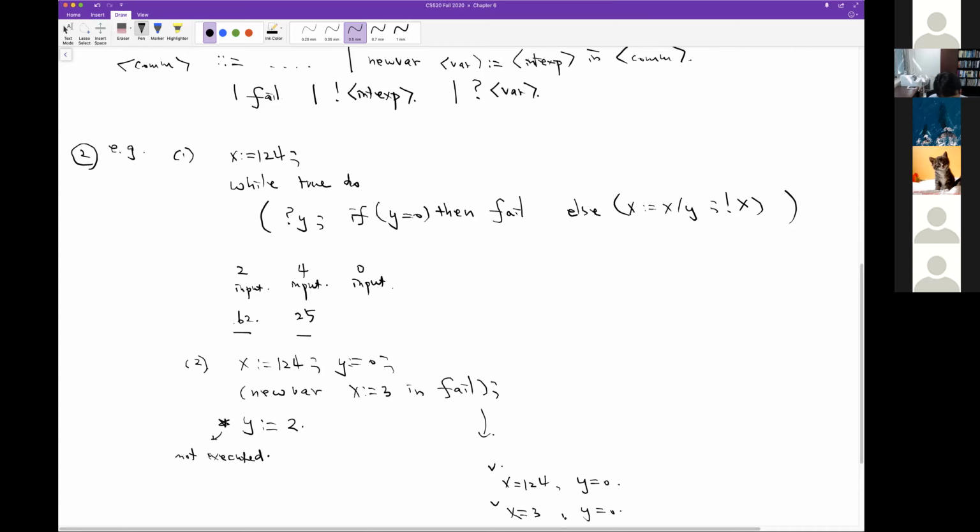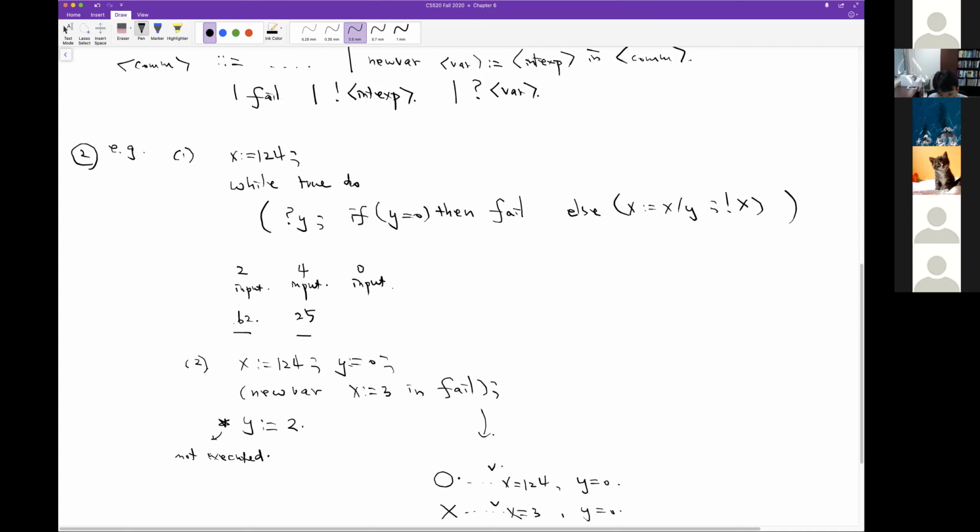The second option may happen because if the execution goes into x becomes 3, and we call fail before restoring the value of variable x, the program just stops and returns what we have at the moment. So this second output can also be a possible option. But what we're going to say is, this is not what we want. The one above is what we want.